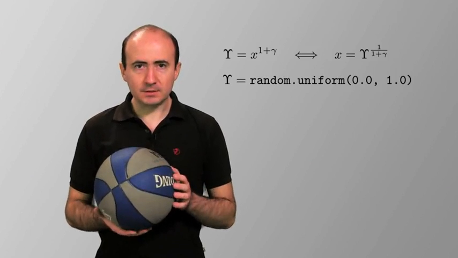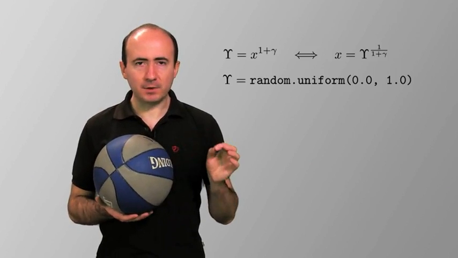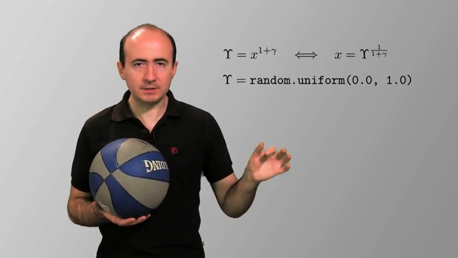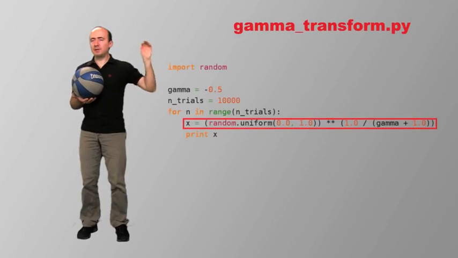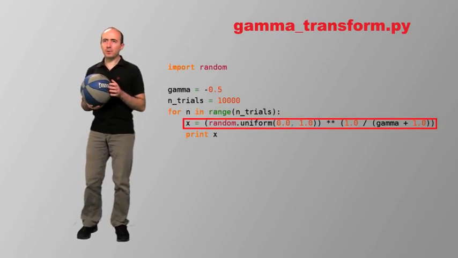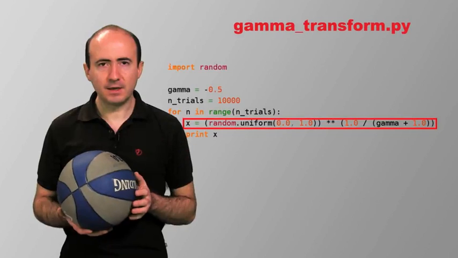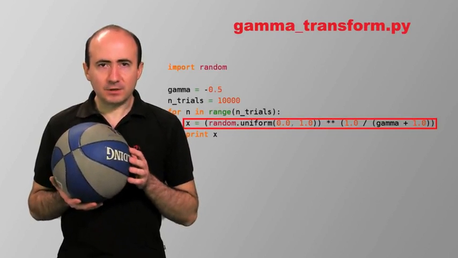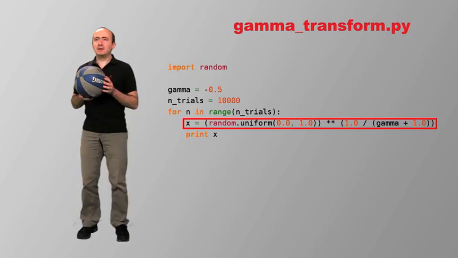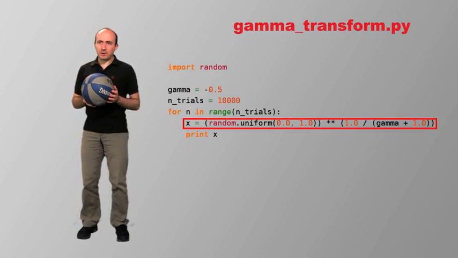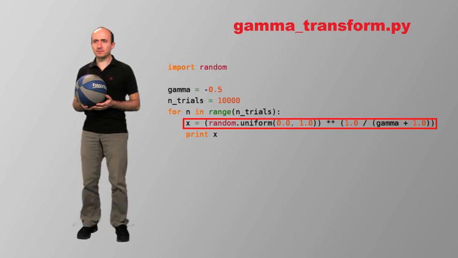So, in the end, it means that to sample pi, we simply have to take this random number and take it to the power 1 over 1 plus gamma. Isn't this remarkably easy? It took us a bit of brain work to think about it, but in the end, the results justify our efforts. Now it is your turn to download, run, and modify the programs we have presented in this section.